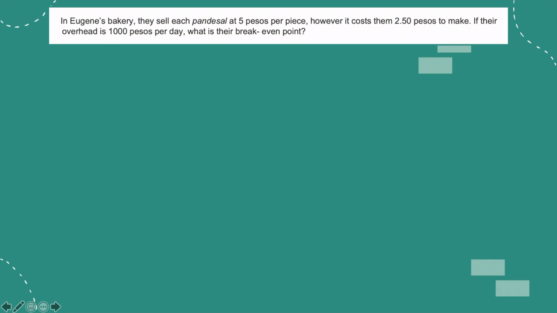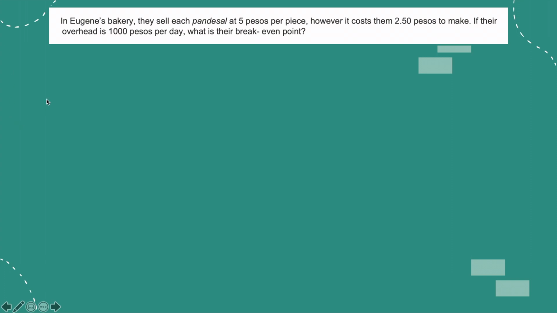Pero syempre, yung cost niya, 250 per piece. Kunyari, yung kabuuang gastos niya sa kada pandesal ay 2 pesos and 50 centavos, pero naibebenta niya yun ng 5 pesos. Ngayon, hinahanap, kailan magkakaroon ng break-even point? Yung wala siyang tubo. Pantay yung gastos niya sa kita niya.